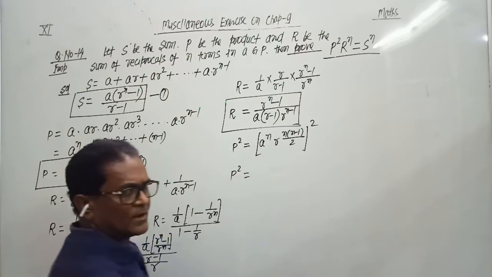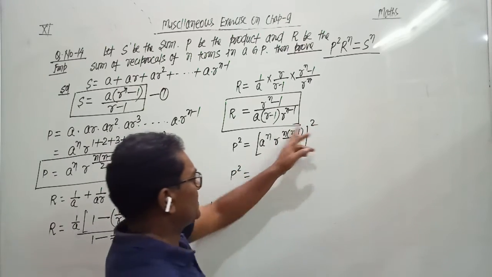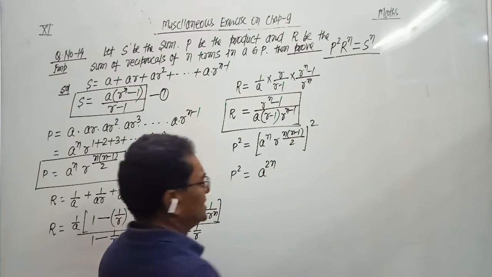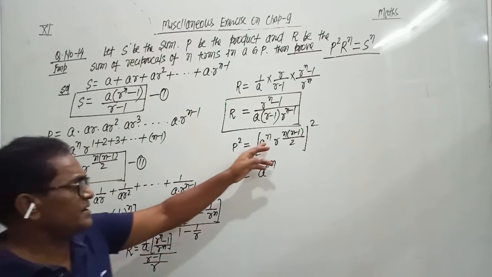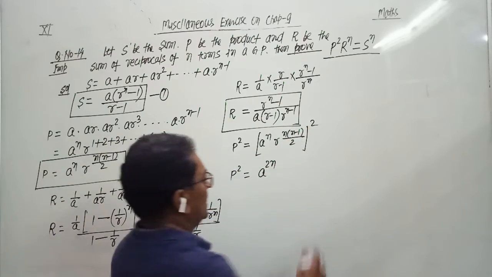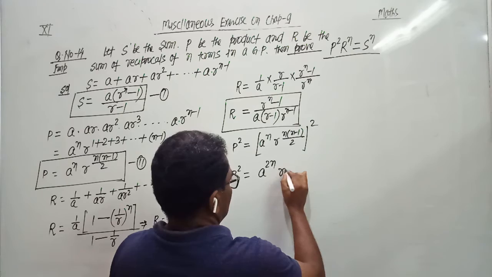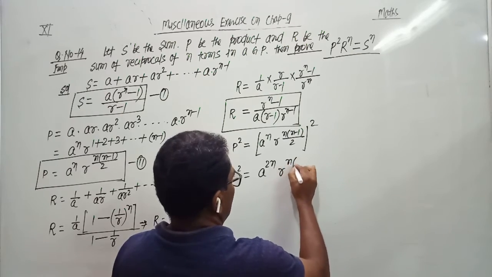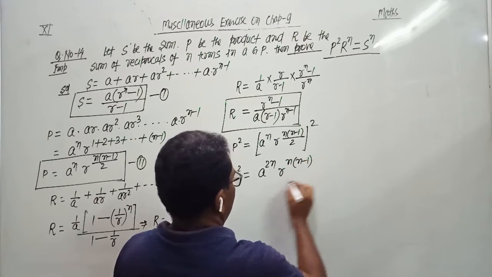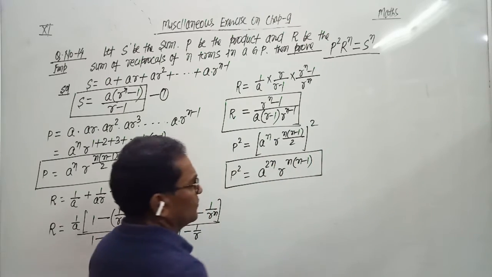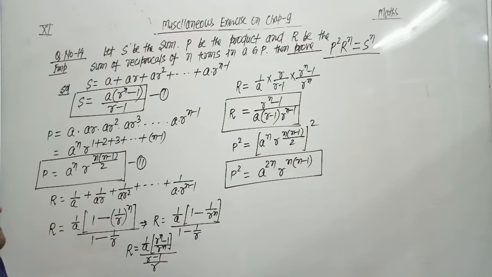A raised to the power n raised to the power 2. Powers get multiplied, so it becomes A raised to the power 2n. And this 2 and 2 get cancelled. So it comes R raised to the power n into n minus 1. So this is the value of P square.